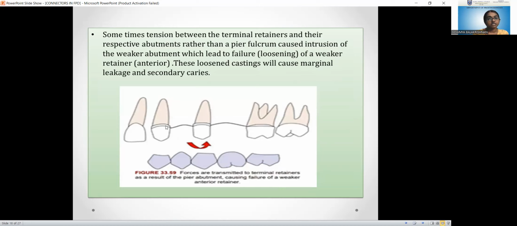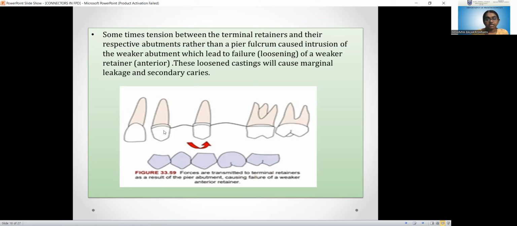Here there is a premolar and a first molar. So from here, it can easily loosen from this anterior retainer. Sometimes the tension between the terminal retainers and their respective abutments, rather than the pier fulcrum, also causes intrusion of the weaker abutment, which leads to failure of the weaker retainer.